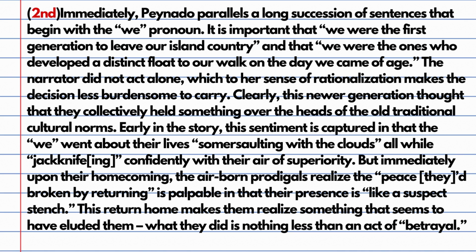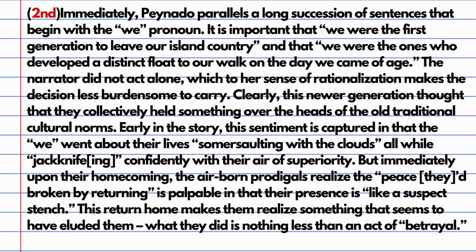We're talking about syntax still. The narrator did not act alone, which to her sense of rationalization makes the decision less burdensome to carry. Clearly, this newer generation thought that they collectively held something over the heads of the old traditional cultural norms. Now I'm into the dichotomy because I'm talking about old and new, right?